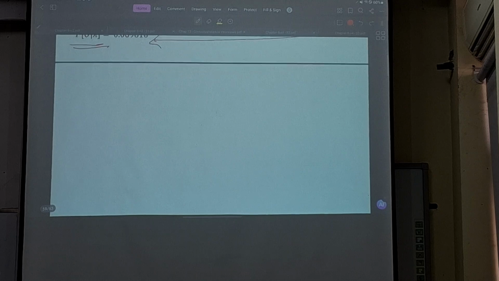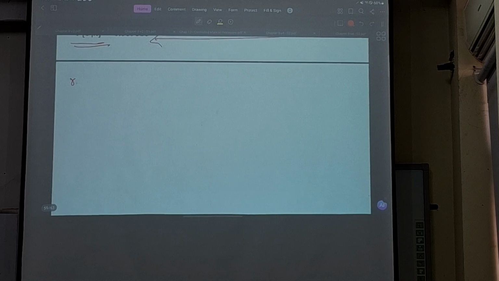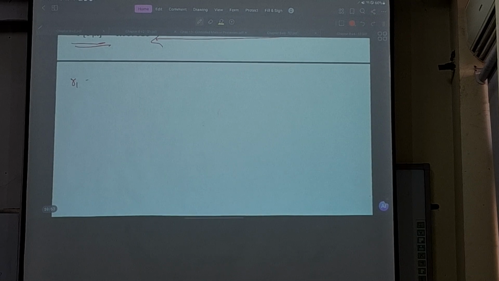Let us consider gamma 1. Gamma 1 actually is what?